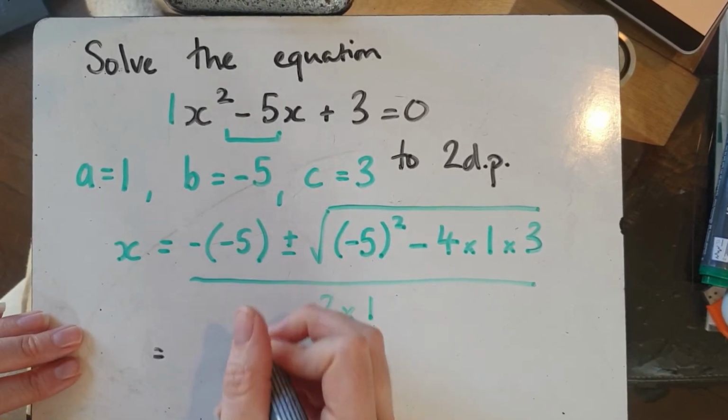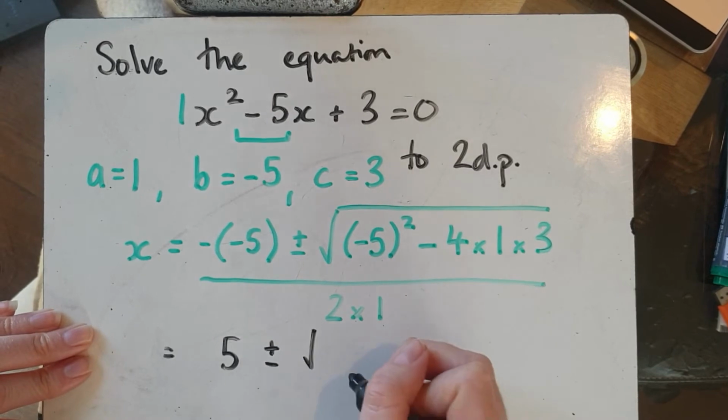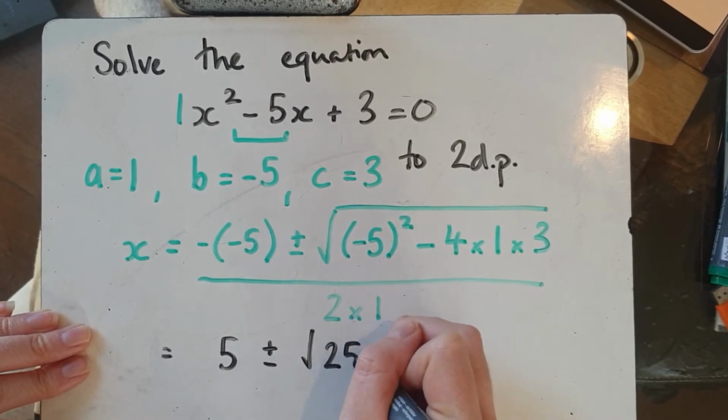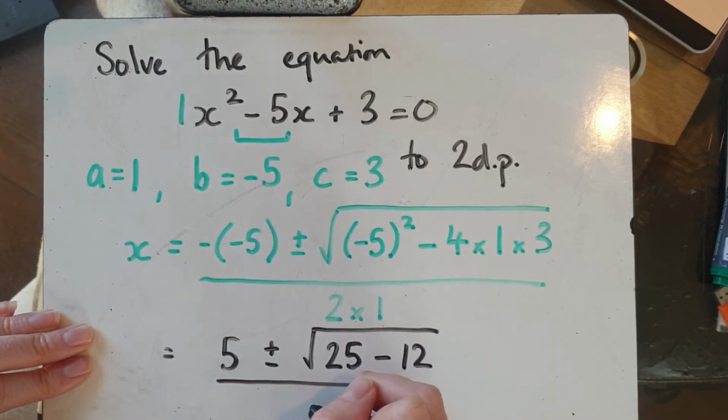So that turns into positive 5 plus or minus square root of 25 minus 12, all over 2.